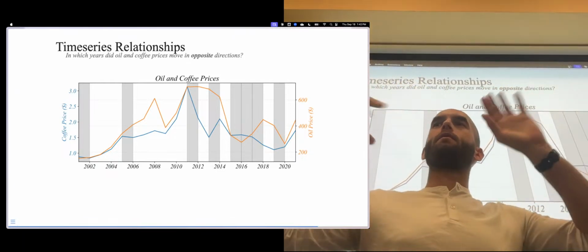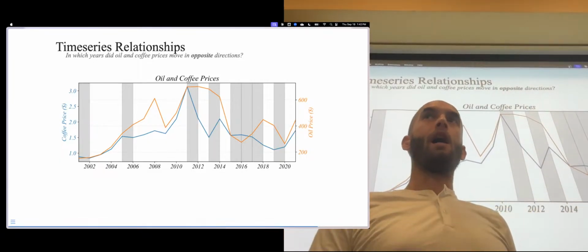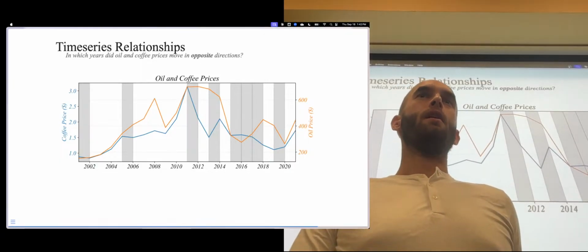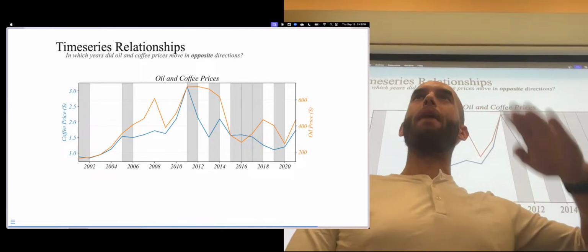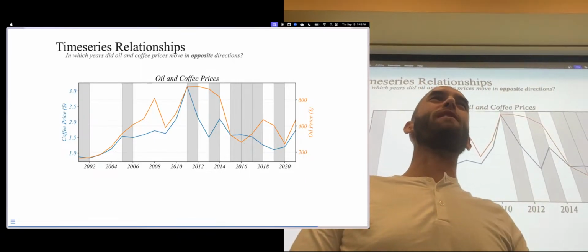So a time series with a twin plot like this can give us a nice picture, and then we can shade to try to answer our question. But we're talking about bivariate relationships, and you may have realized we could also do this with a scatter plot.